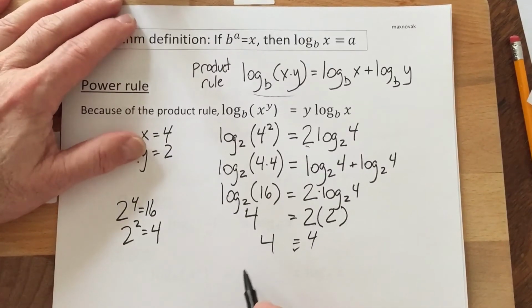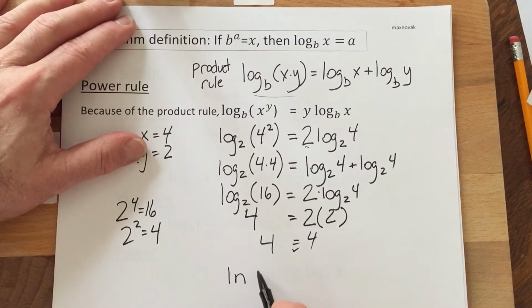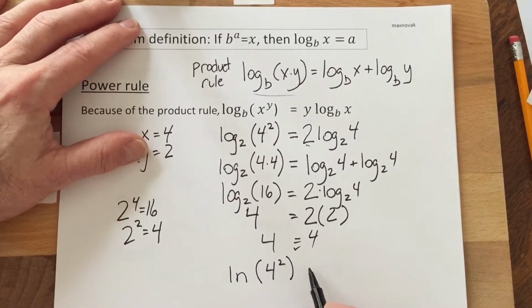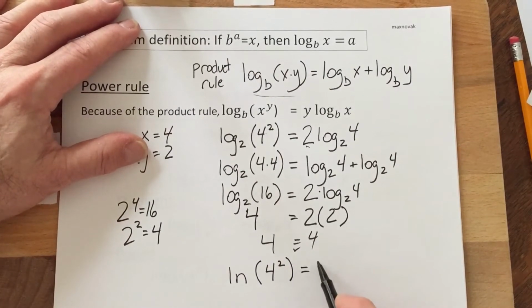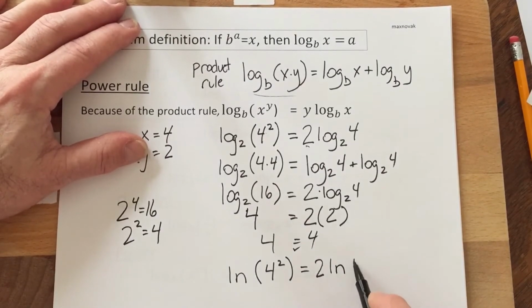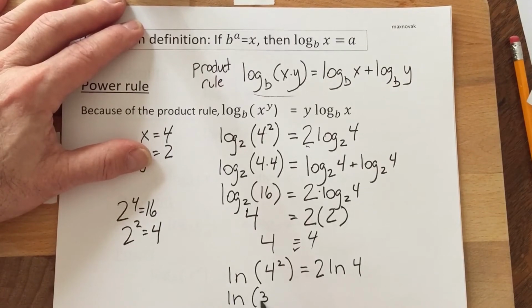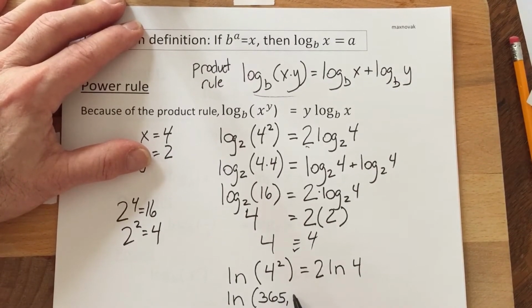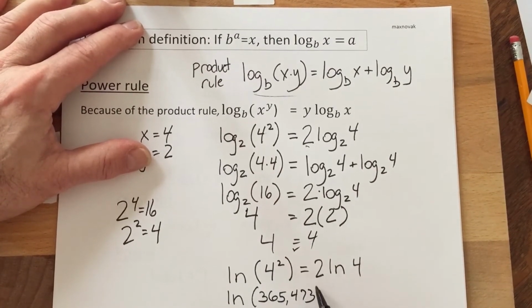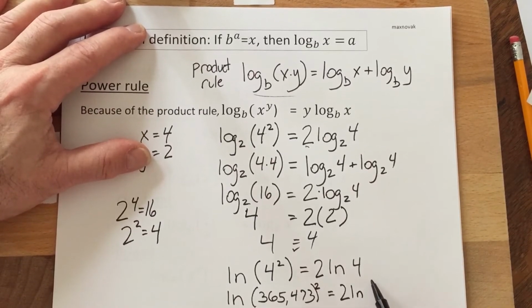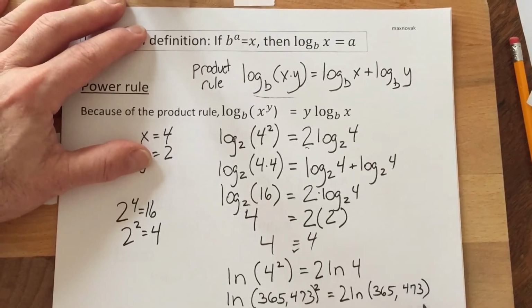And the same thing is true if we're doing the ln of 4 squared. It would be 2 times the ln of 4. The ln of 365,473 squared equals 2 times the ln of 365,473.